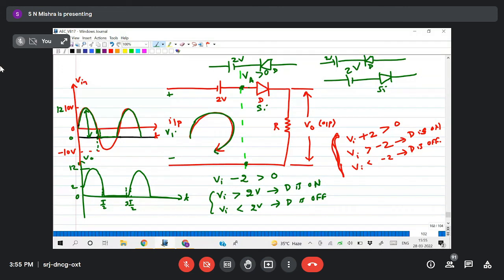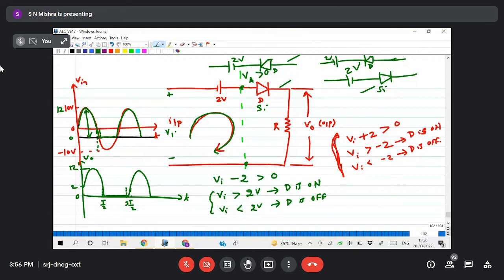Have you understood? Only the same question that we have solved, the same question with a practical diode or silicon diode you take, so 0.7 will be added. So instead of 2 it will be 2.7, nothing changes. And when you change the diode, you take an ideal diode again and try to solve it. So instead of greater than you have to take less than. So these questions you have to do: 1, 2, 3, 4.